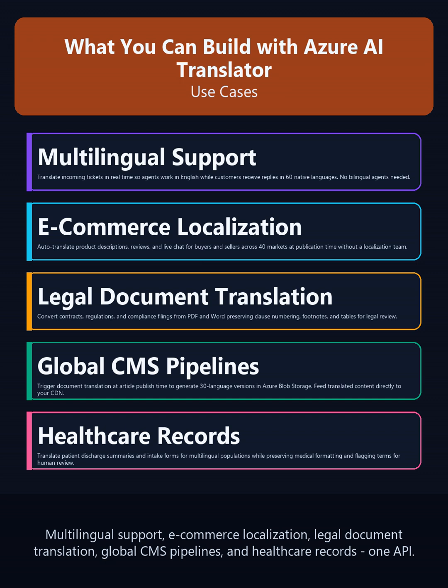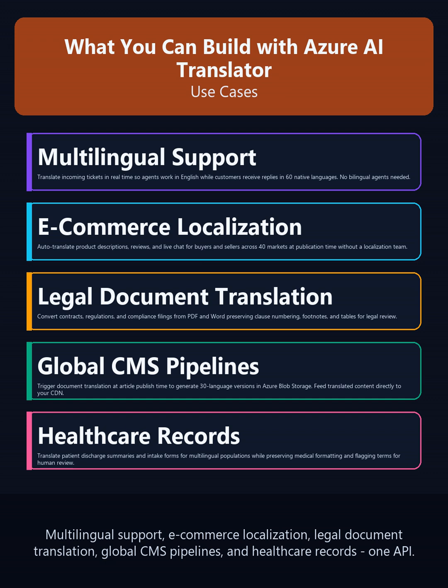Global content management pipelines auto-translate CMS articles and marketing copy into 30 languages at article publish time. Healthcare record translation converts patient-facing documents and discharge summaries for multilingual patient populations, while flagging medical terminology for human review.